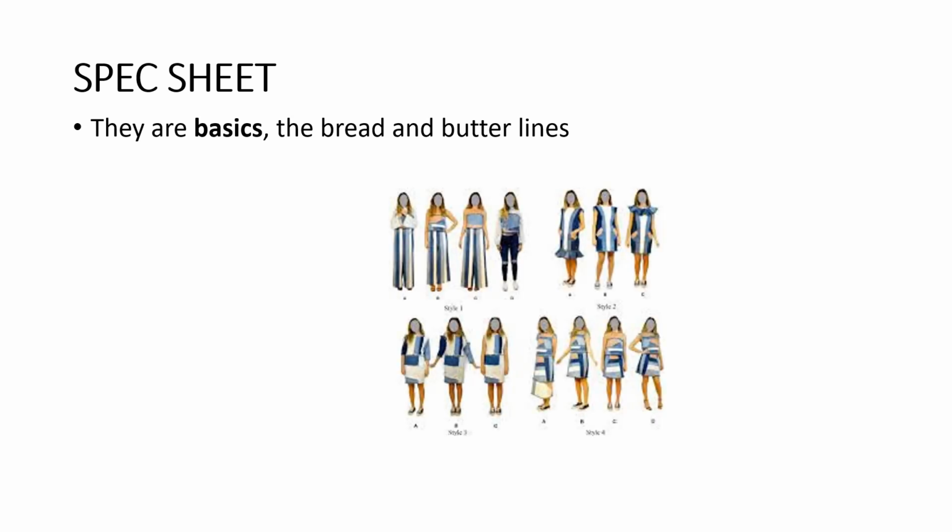So you can see the different styles of the garment, and how the core lines are different for different kinds of garments. Those are the basic points available in the specification sheet. So style or the core lines is one of them.